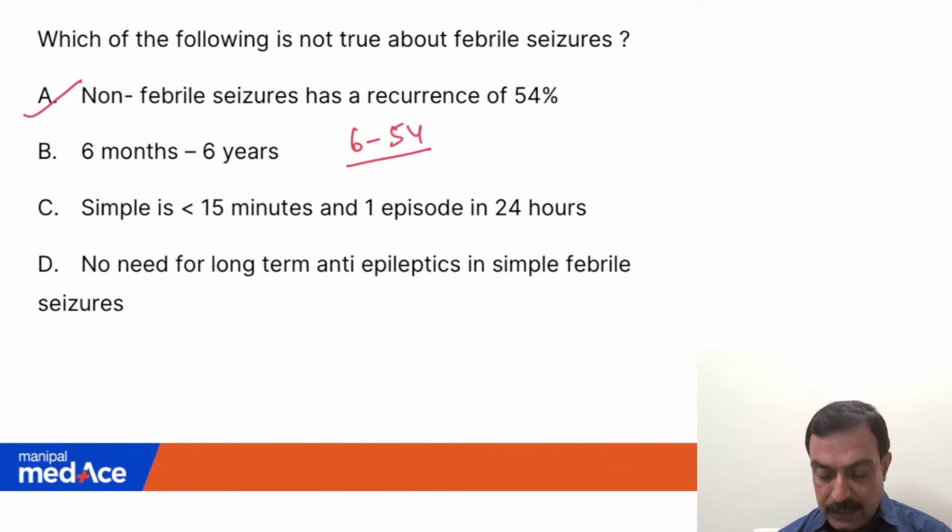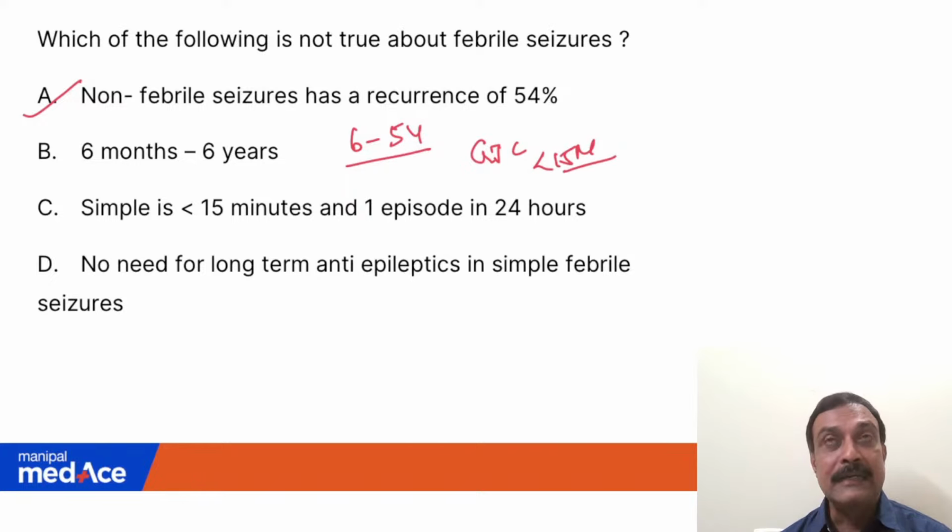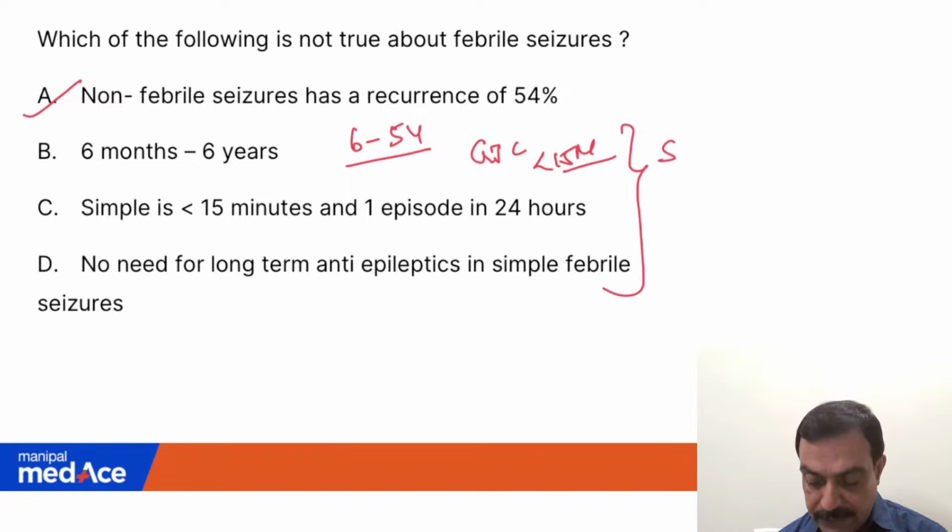They are simple, generalized or tonic-clonic seizures lasting less than 15 minutes, a single episode in a day, not associated with post-ictal confusion or neurological deficit. They do not require any long-term anti-epileptics, and these are called simple or classical febrile seizures.